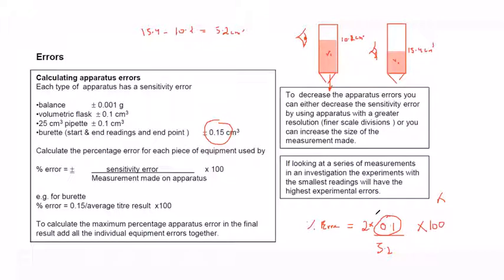Because every time we use the apparatus, there is an error. That's why the error is multiplied by 2.